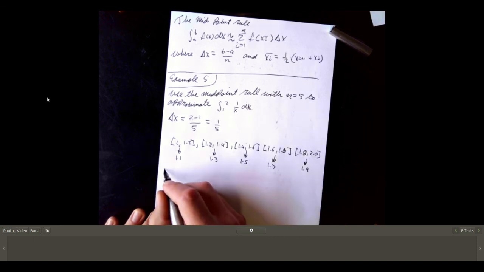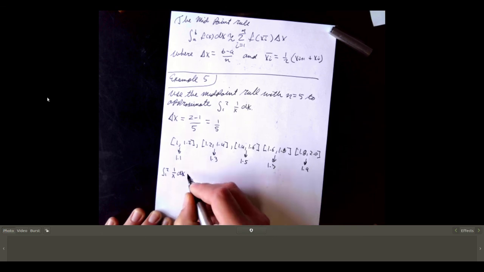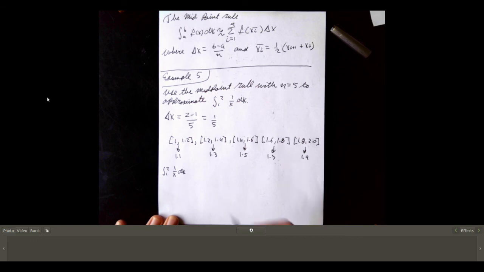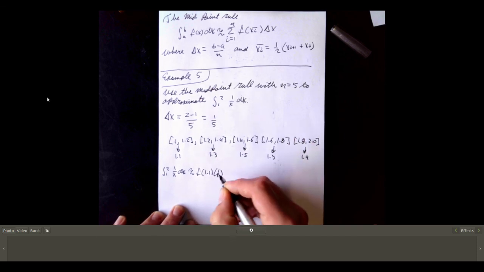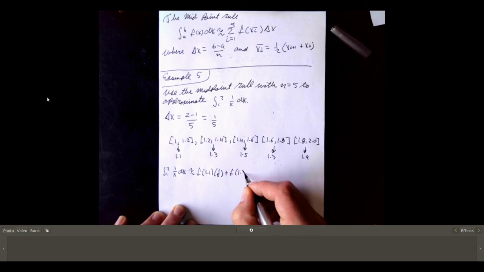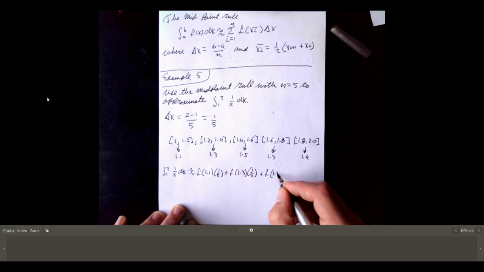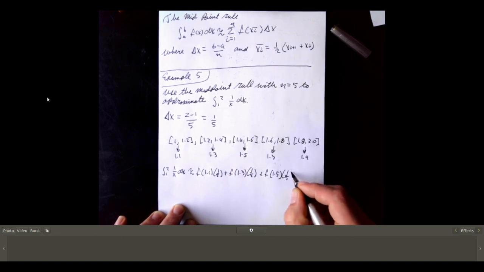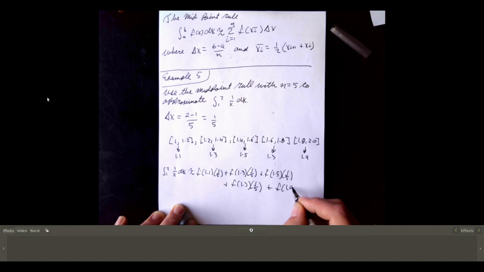So we get the integral from 1 to 2 of 1 over x dx being approximately equal to f of 1.1 times 1/5 plus f of 1.3 times 1/5 plus f of 1.5 times 1/5 plus f of 1.7 times 1/5 plus f of 1.9 times 1/5.